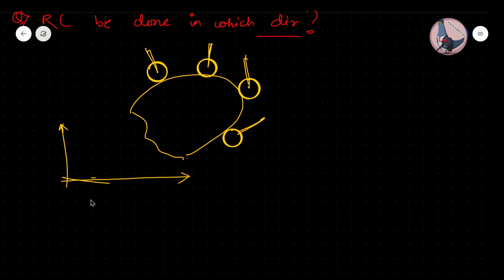Of course, this is your machine coordinate system, and your probe is touching this every time, and some radius has to be compensated. So now you can very well see that this radius has to be compensated in the direction parallel to the normal of the work at every point.